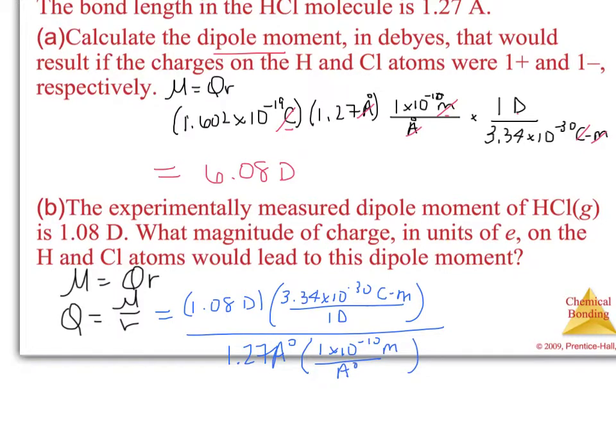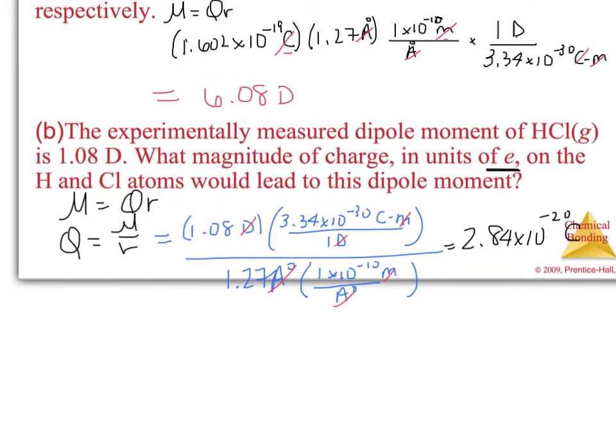So when we do a unit check, our Debye are going to cancel, angstroms are going to cancel, and our meters are going to cancel. This is going to leave us with 2.84 times 10 to the negative 20th coulombs, which would be fine, except it wanted my magnitude in units of e, or electronic charge. So I'm then going to take that answer that I just got.